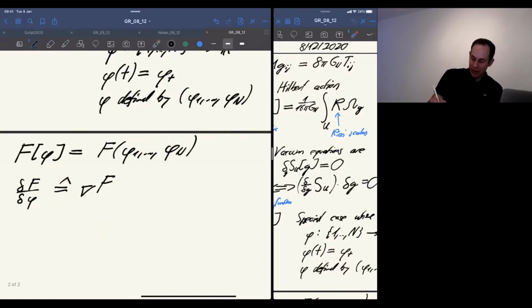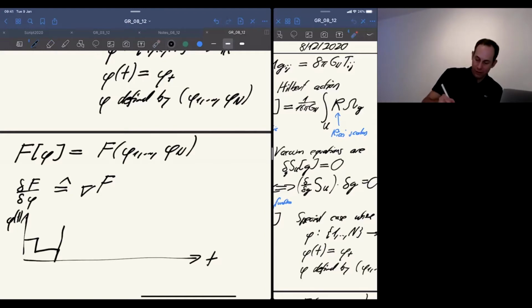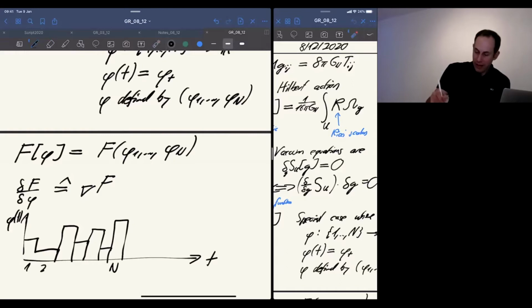So if I have here t, and here is phi of t, then what we actually have is just a discrete function. Maybe I'll put it like this. So rather than a continuous function, we have a discrete one. And taking the gradient just means that I essentially take the derivative with respect to changing the function only for argument 1, and then so on.